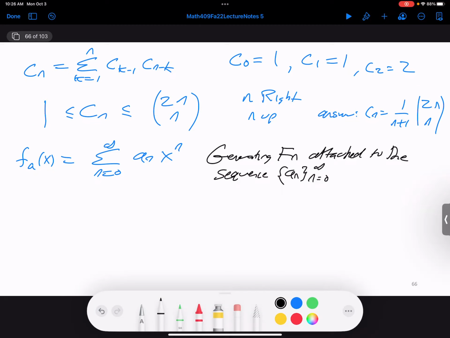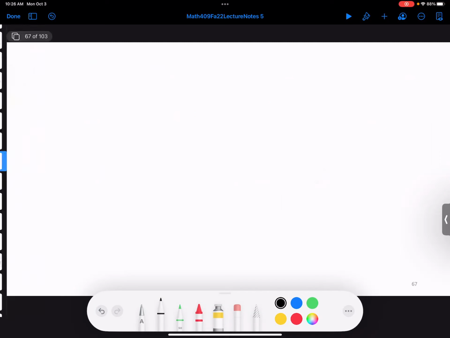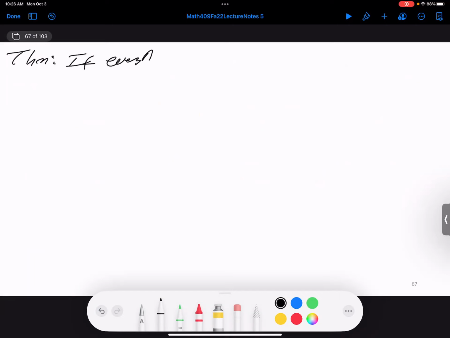Generating functions have a lot of remarkable properties, and one of my favorite theorems, if everything converges: let's write G_A of x for f_A of x, for generating function. I should have probably done that.